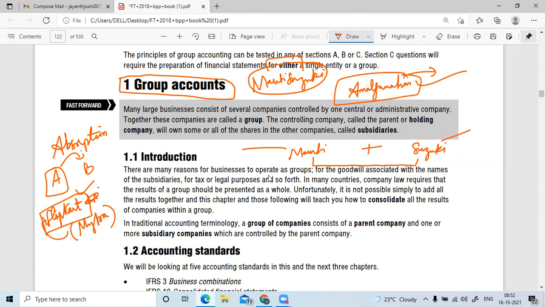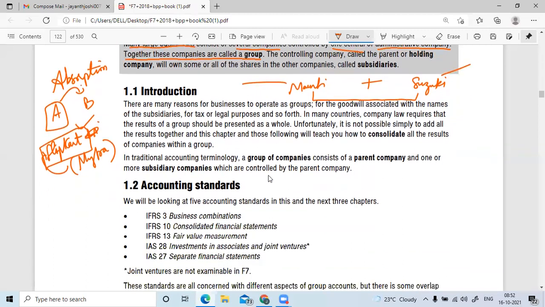Now, please understand. Many large businesses consist of several companies controlled by one central or administrative company. Together, these companies are called a group. Let us leave this amalgamation and absorption picture behind. Let us say there is A company and a B company.